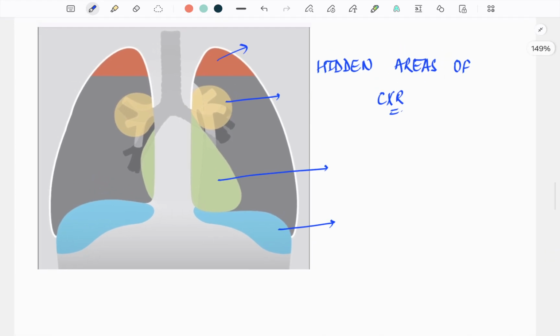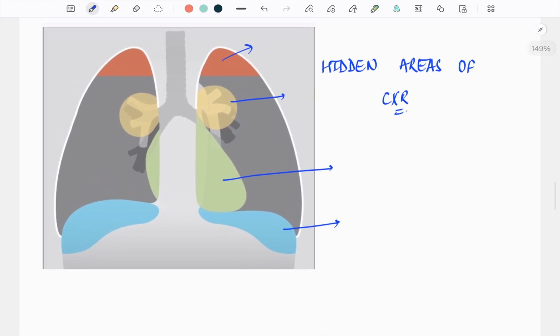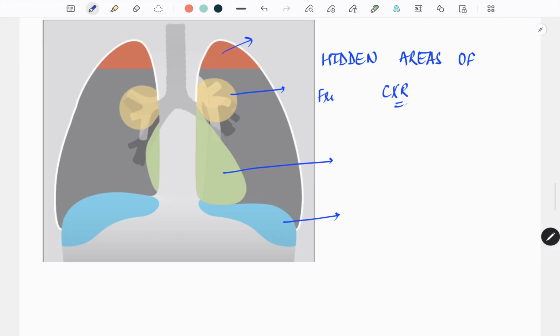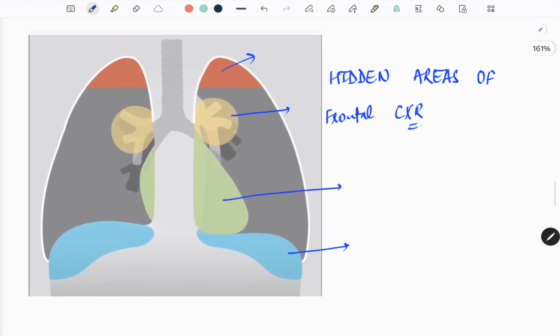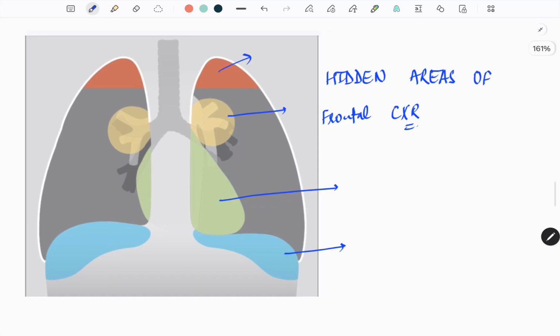Why are these called hidden areas of the frontal chest X-ray? Because they are usually not seen very carefully, not assessed very carefully on the frontal projection.